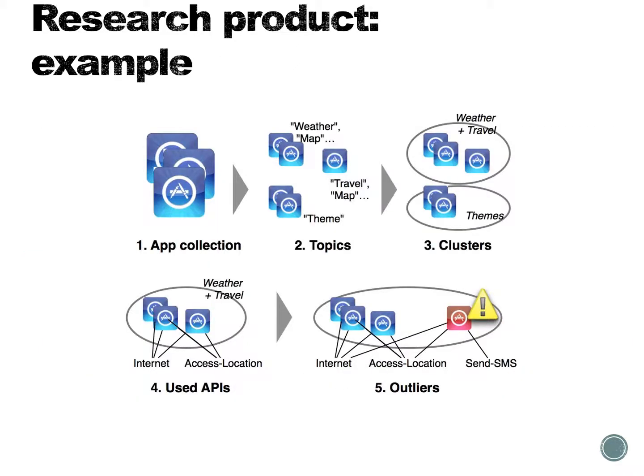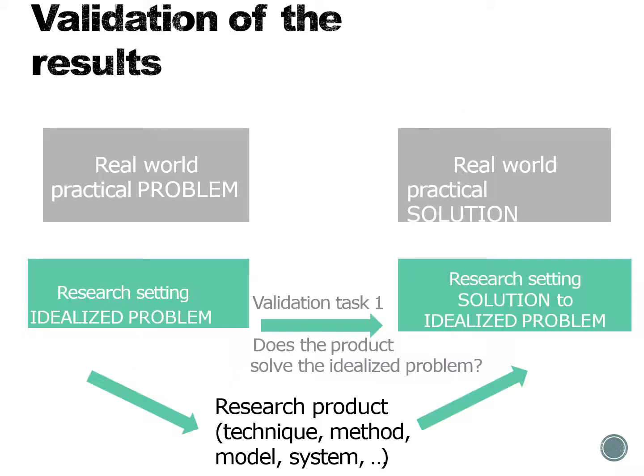So if we were making an app, these are things we would be doing. We would try to understand our competition, understand the themes and the user APIs, and identify outliers and these sorts of things. Then, when we have an idea and a research setting based on the idealized problem, we do research work and have a solution to the idealized problem. The first validation task is, of course, does the product solve the idealized problem?